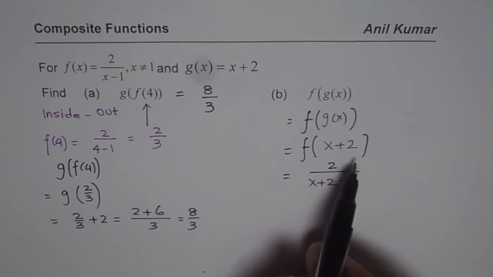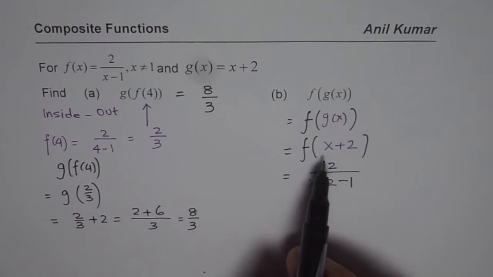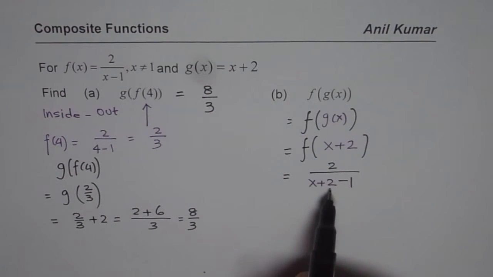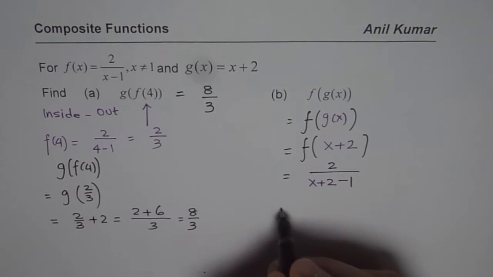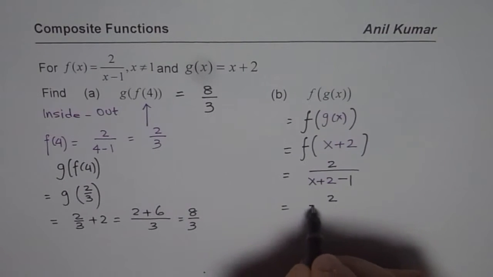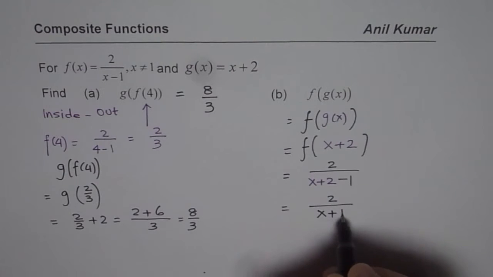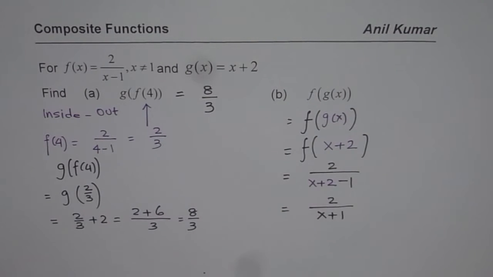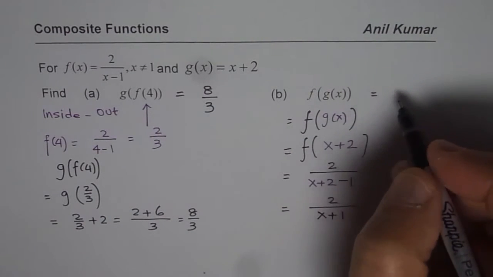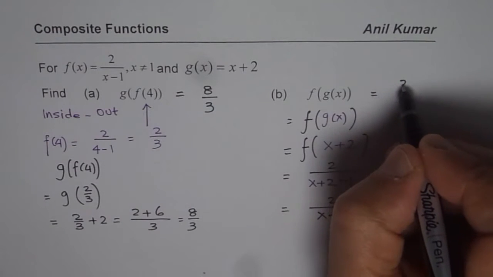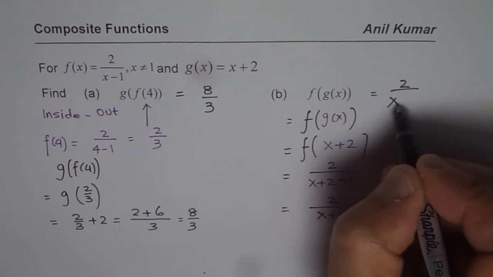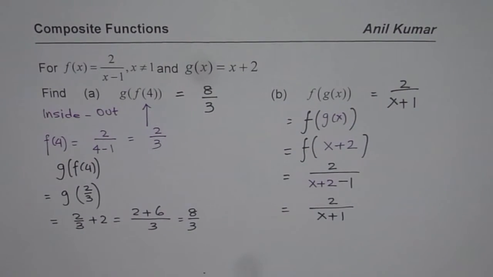So f of x plus 2, as you have learned in function notation, you replace x with x plus 2. That is what you get. And now you solve this. So you get 2 over x plus 2 minus 1, which is x plus 1. So that is f of g of x, right? So we should write this as equal to 2 over x plus 1, right? So that is how it should be done.